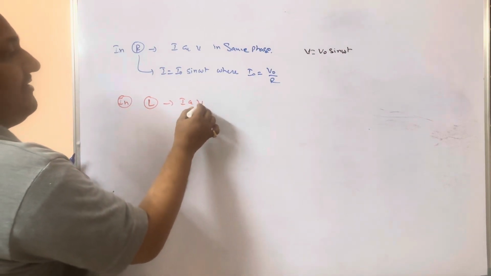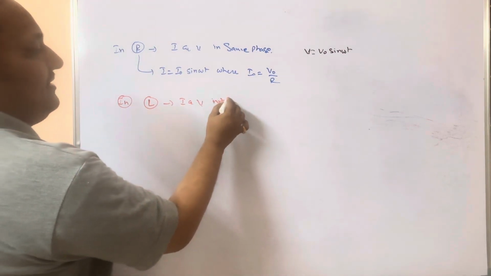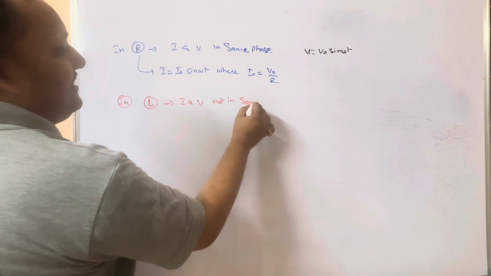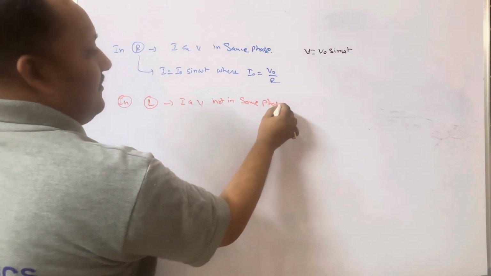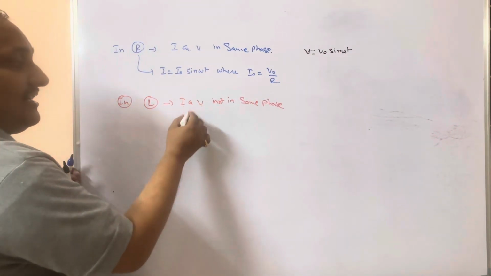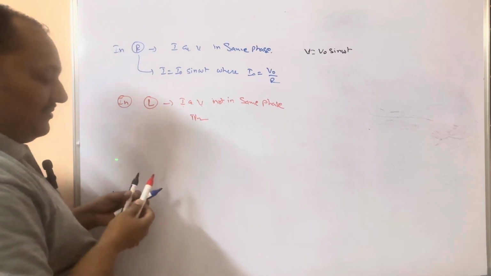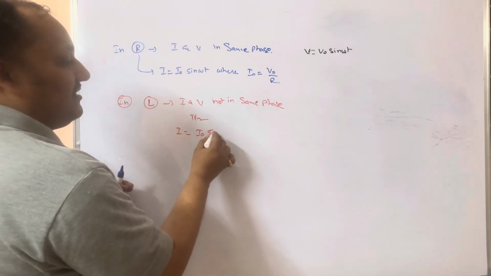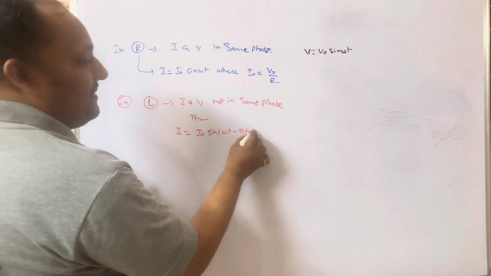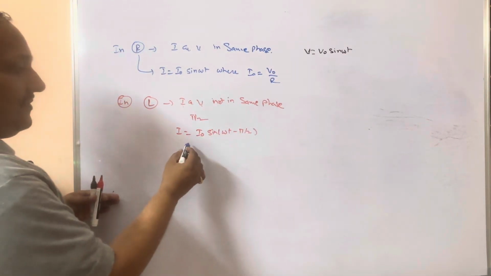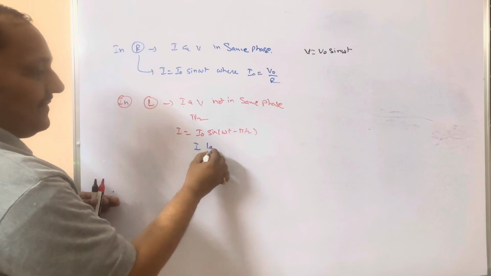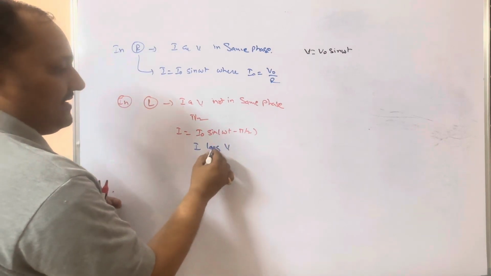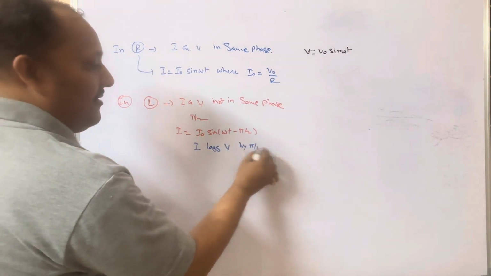In case of inductor, I and V are not in the same phase. The phase difference between current and voltage is pi by 2. So I is represented as I naught sin of omega t minus pi by 2. So I lags voltage by pi by 2.